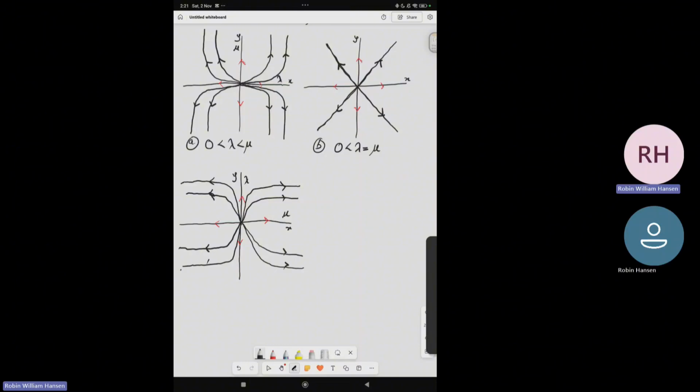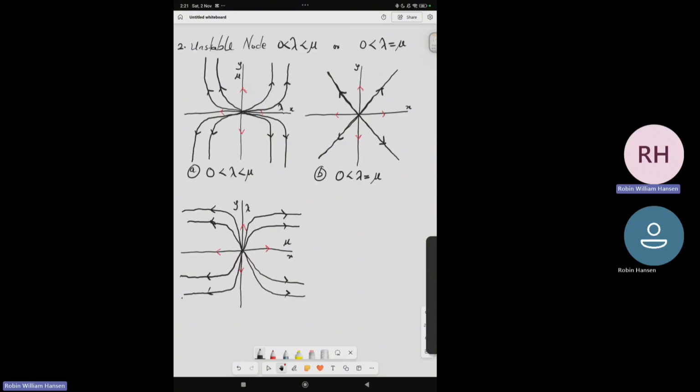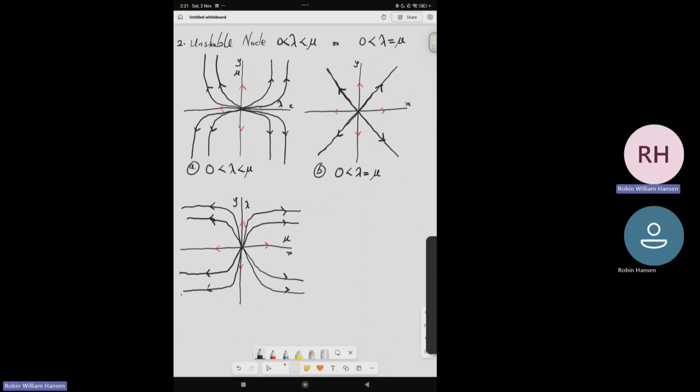What you have to keep in mind is the value of mu and the value of lambda. If you have lambda to be 2 and mu to be 4, our solution curve will be like this.